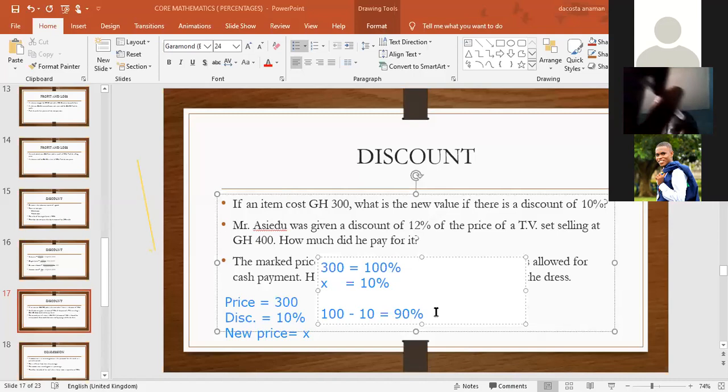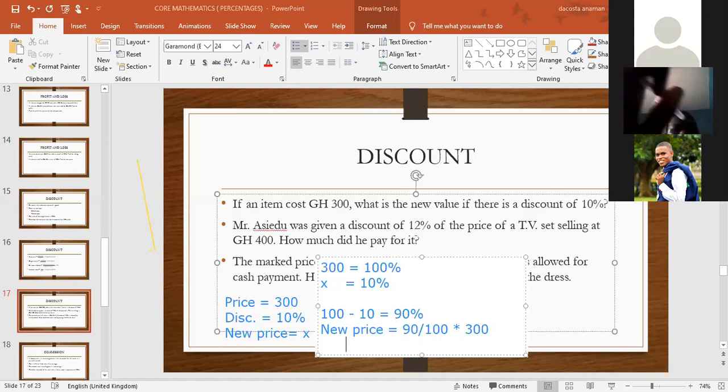Therefore, the new price will be equal to 90 over 100 times the original price, which is 300. When you punch this in your calculator, 90 over 100 times the original price, which is 300, will give you what? 270 Ghana cedis.